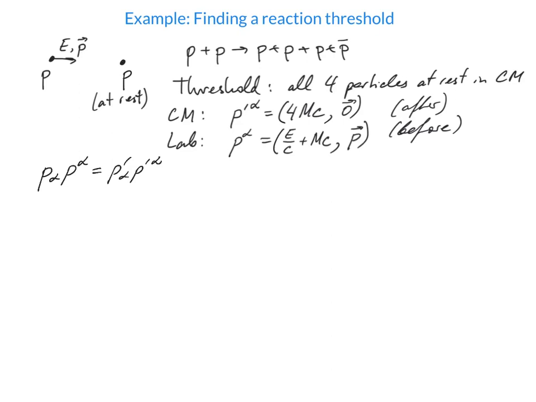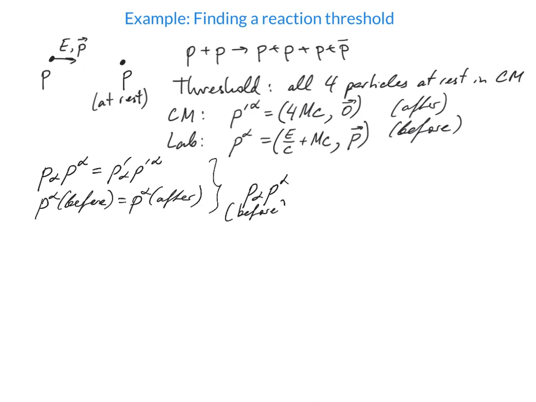Now we also know that p alpha before the collision is equal to p alpha after the collision, and same thing for p prime. So I can combine these two and use both momentum conservation and the Lorentz invariance to write that p alpha before is equal to p prime alpha after.